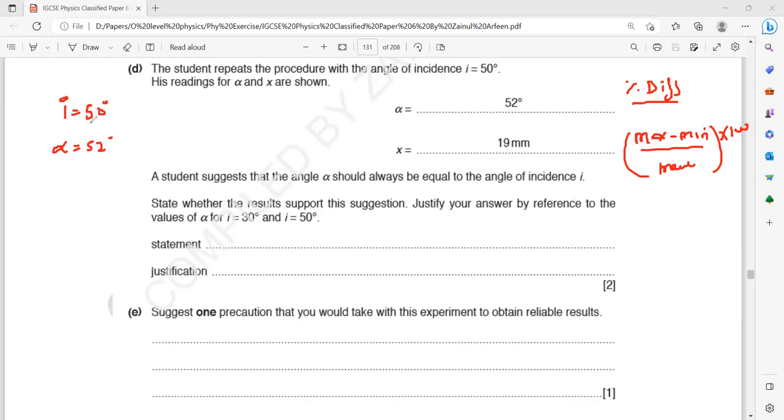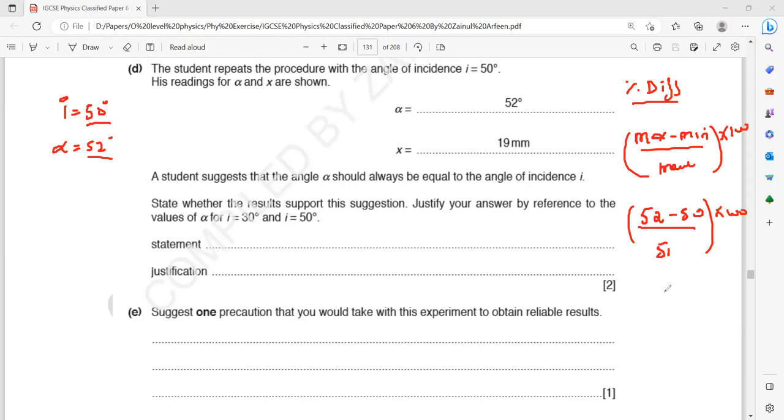So we are comparing 50 and 52. The maximum value is 52, the minimum value is 50, and divided by the mean, the average of the two, which is 51, into 100. 52 minus 50 divided by 51 into 100. What's the answer for this? 3.9.